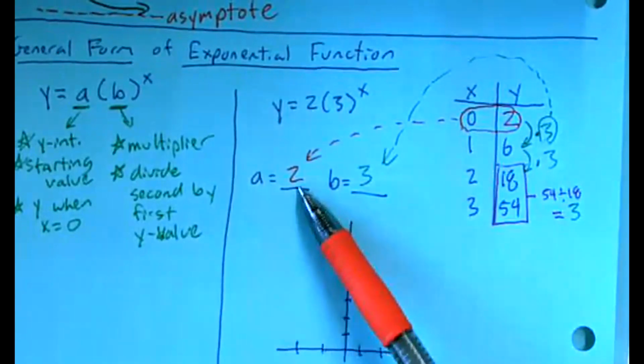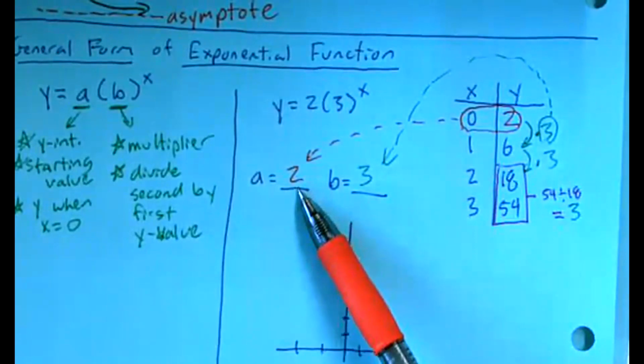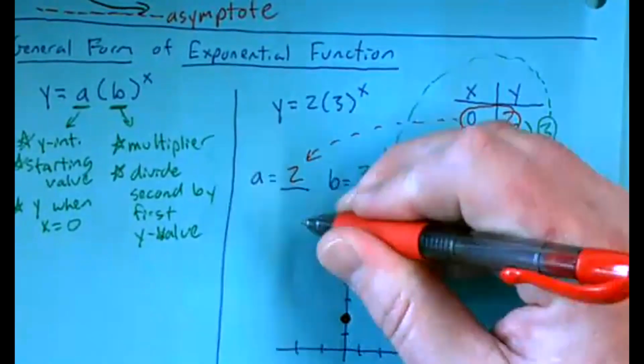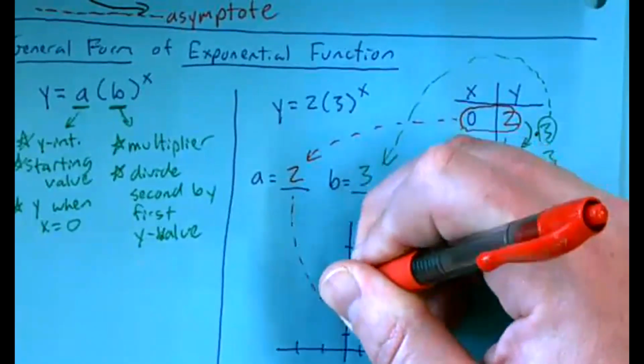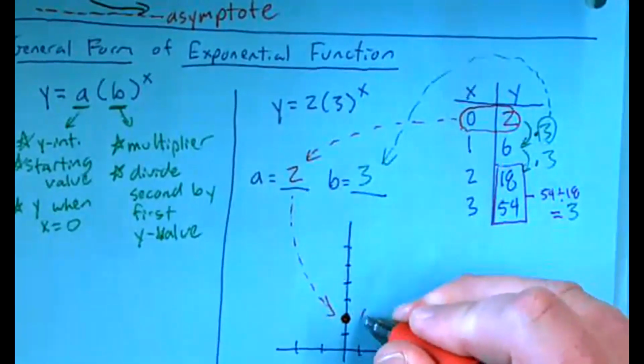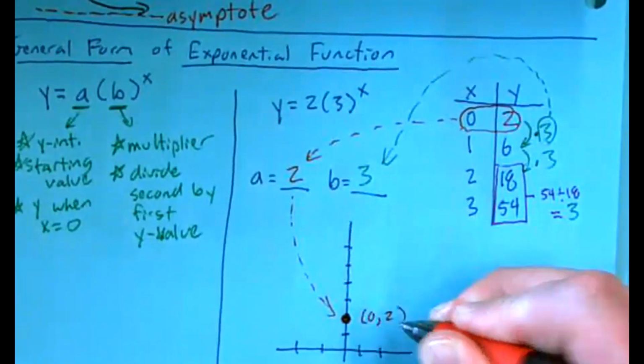Where does that 2 come from on our graph? Where are we going to see that value of 2 on our graph? It's at the y-intercept, right? So go ahead and draw a point there at 2 on your graph. That's going to be our y-intercept. Our y-intercept has the coordinate (0, 2).